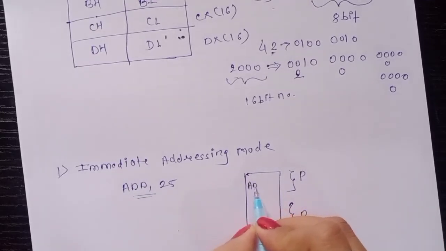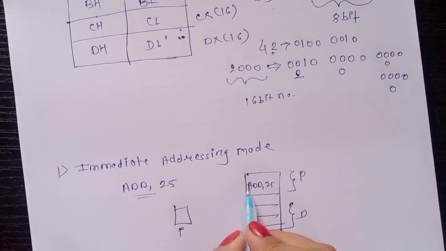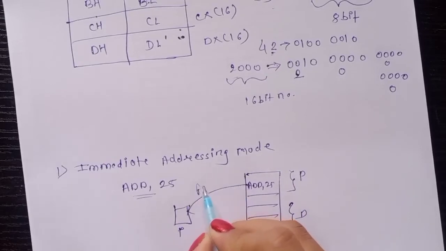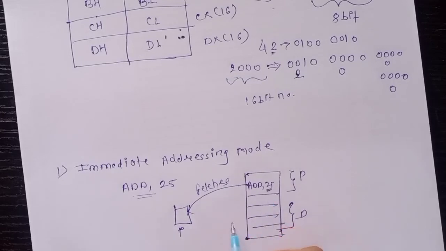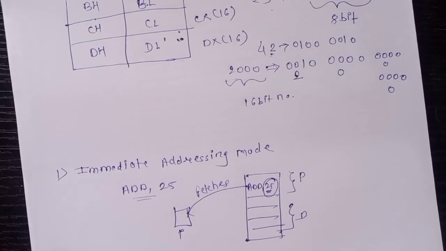So your instruction is stored here. This is your processor. As soon as the processor fetches the instruction, it will get the data directly, that is ADD 25. The processor doesn't need to go to a register to search for the data. It doesn't need to search memory locations for the data. Data is directly given inside an instruction. That is called immediate addressing mode.